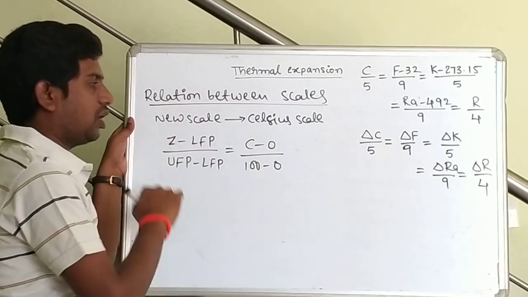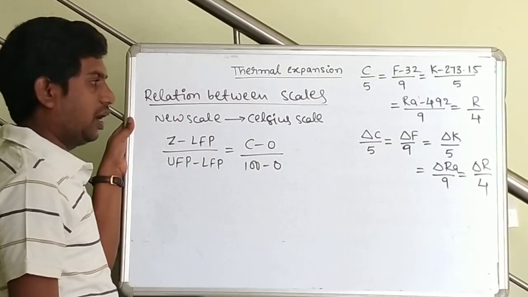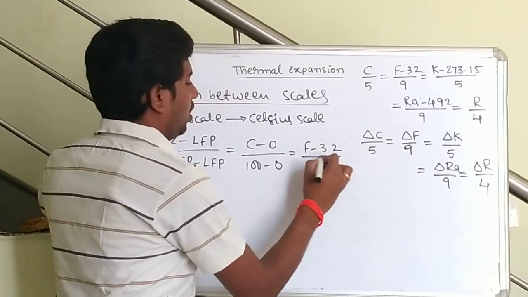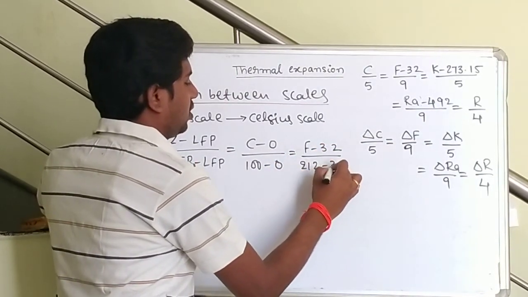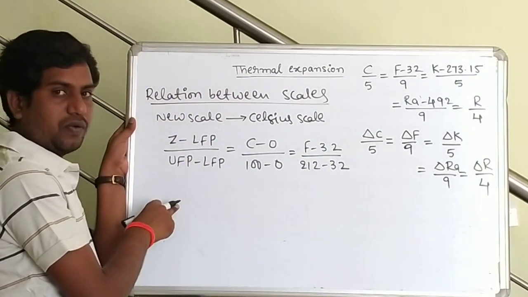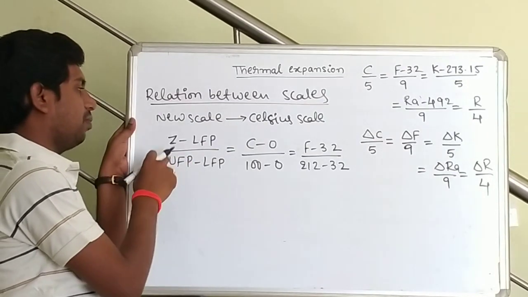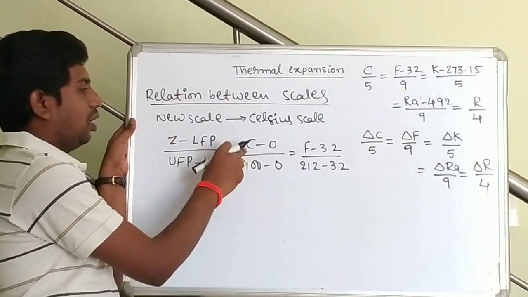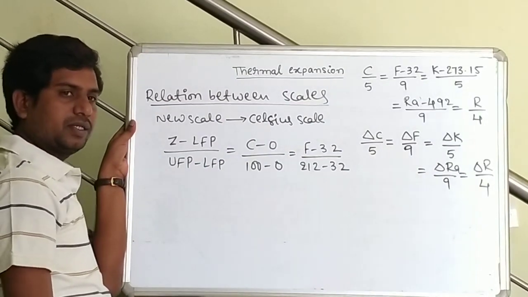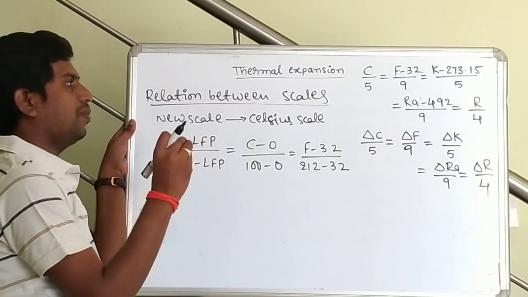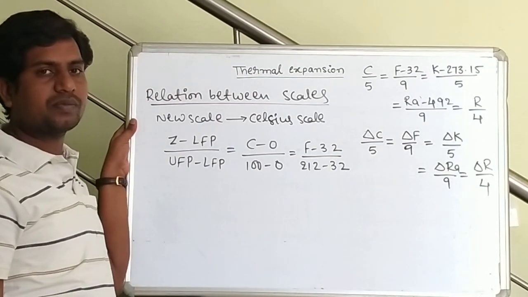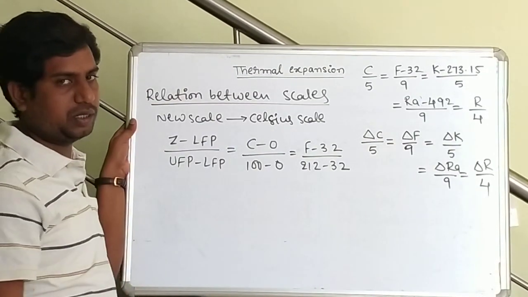If you want to convert it into the Fahrenheit scale, again you can write this as F minus 32 by 212 minus 32. So using this relation, we can convert a reading from the new scale to a known value on the Celsius or Fahrenheit scale. So this is the measurement of temperature using two fixed points.